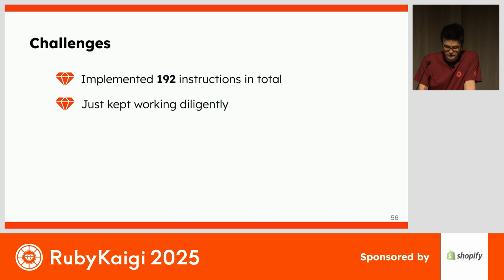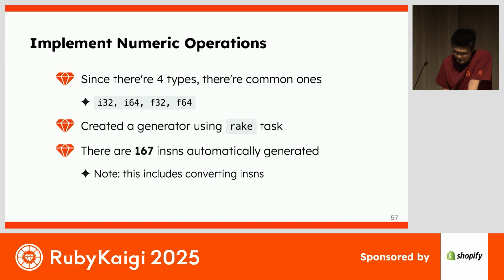Even focusing on the basic part, I had to implement 192 instructions. However, each VM instruction is relatively small. By the way, wasm has 4 numeric types: I32, I64, F32, F64. Often similar instructions exist for each of these types, like addition or subtraction.